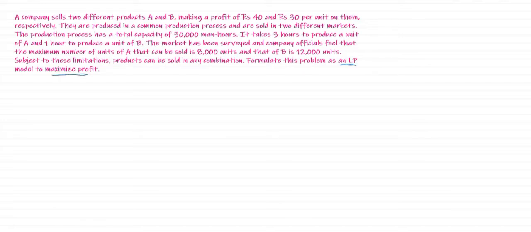Here what is given to us? We have to formulate the model to maximize the profit. Hence it will be maximize Z is equal to. Now for profit, we see that A makes a profit of rupees 40 and B makes rupees 30 profit.